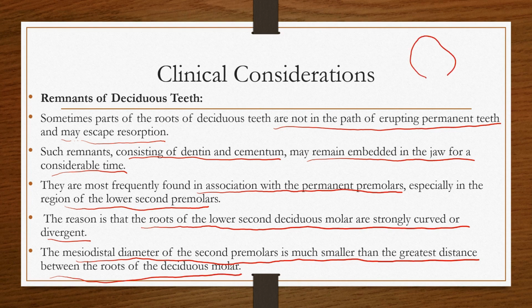So they are very tightly curved and the premolar bud is so small. This is the root and it is developing here. So this does not get resorbed if the bud is here and it is developing. This will not get resorbed.